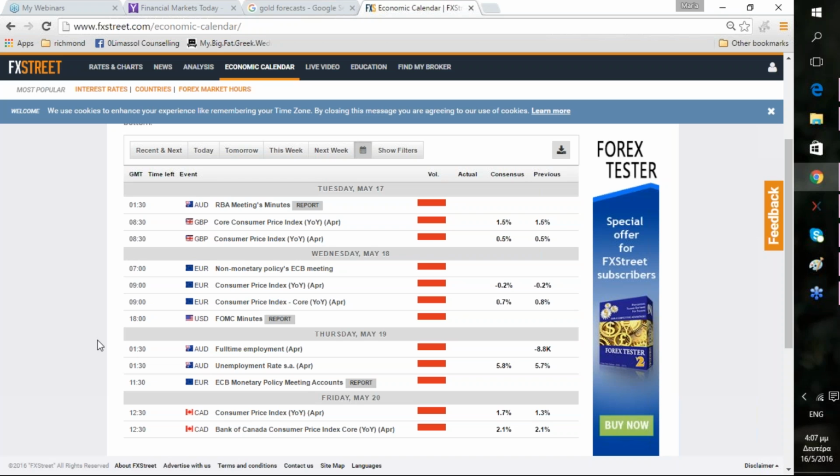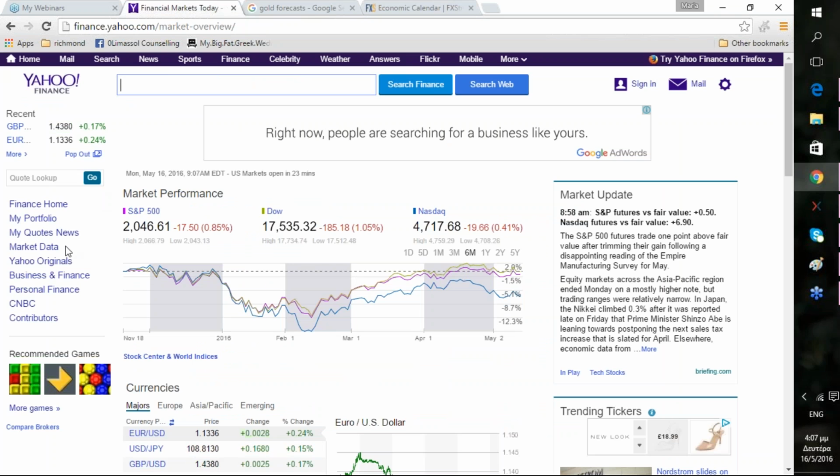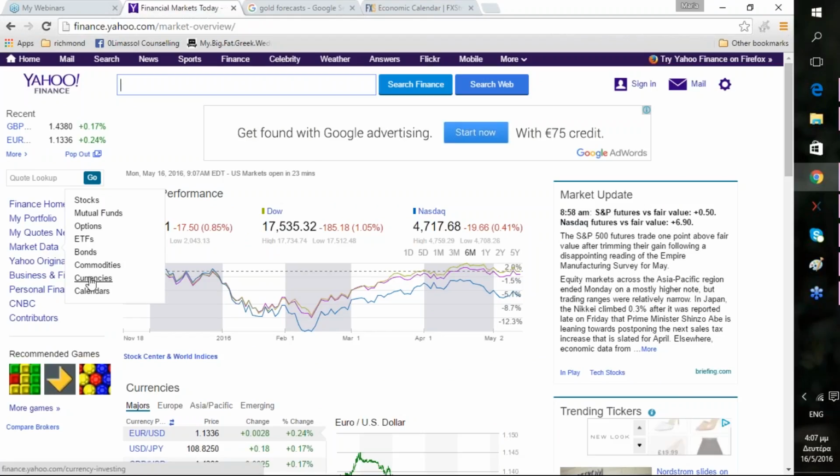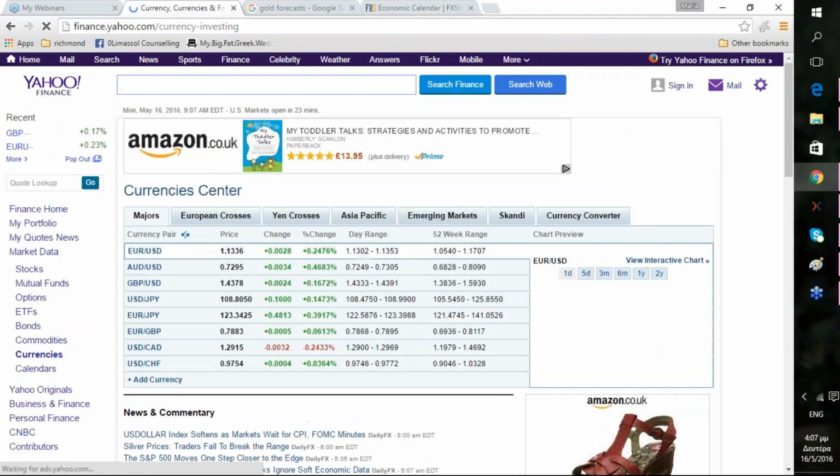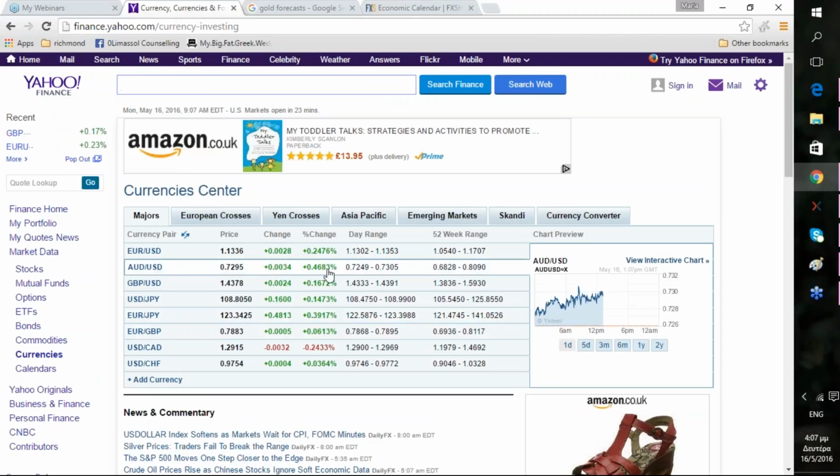When we opened the market today, most of the currency focus has been on the euro, because the euro has got the highest percentage change. The majority of the move has been with the euro JPY, and the second one is euro USD.